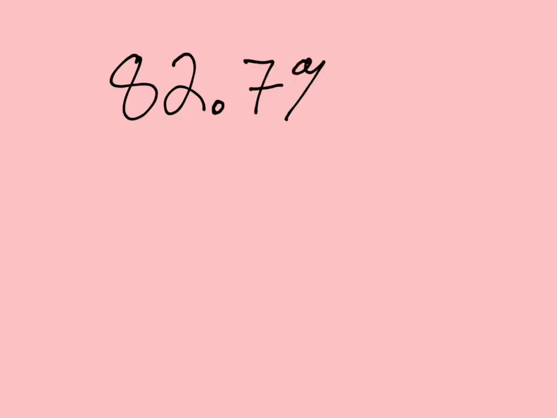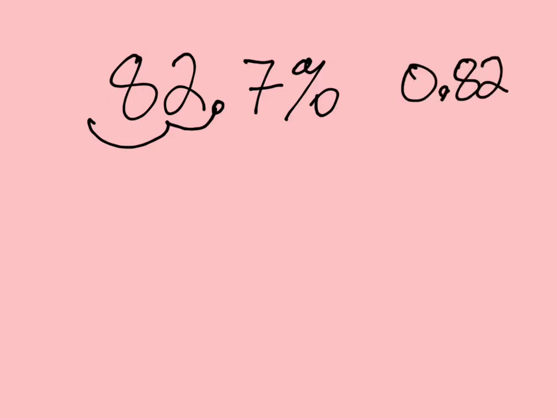And then if I have something like 82.7%, 2 places to the left is 0.827. And if I have 0.3%, I still move the decimal 2 places to the left.